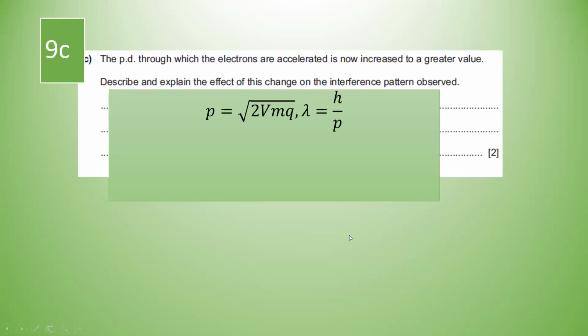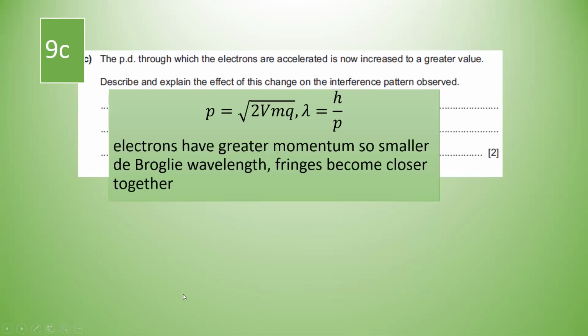Basically we are just using these two formulae that we have derived and the de Broglie wavelength. Increase in PD, increase in momentum. So smaller wavelength, fringes become closer together.